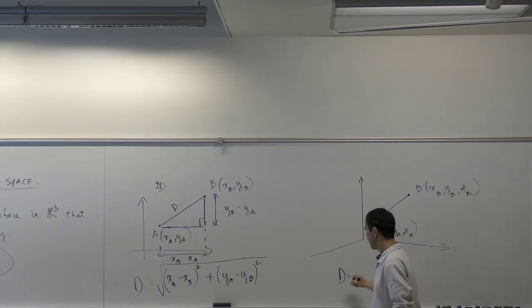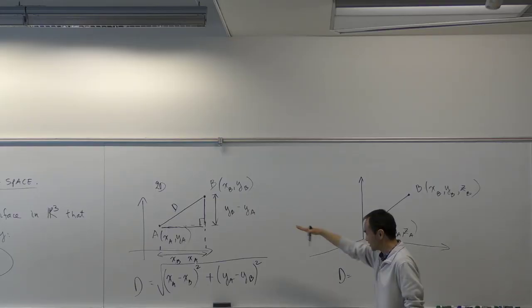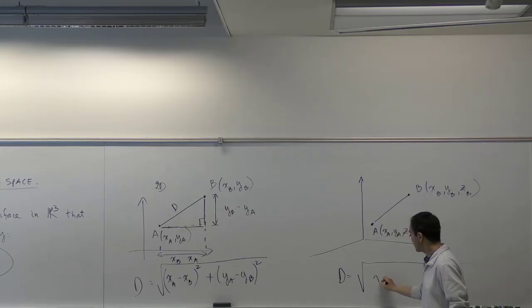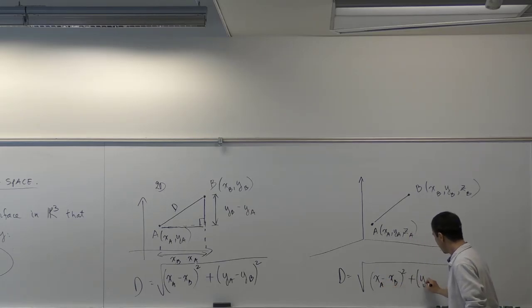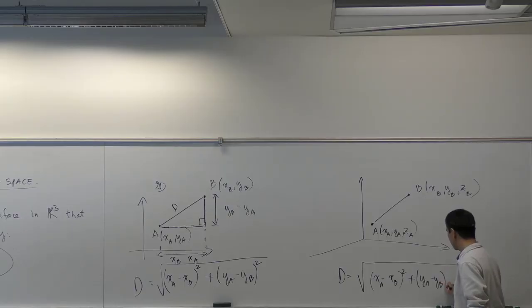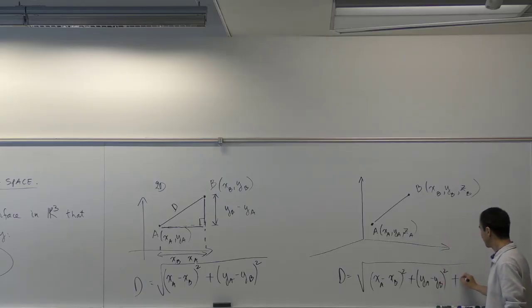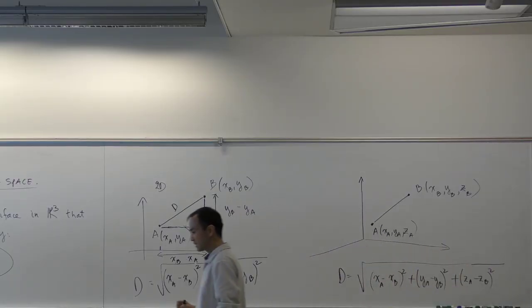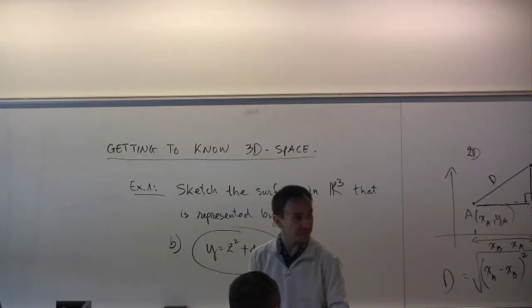I don't want to get into the drawing, because it's the same argument, and it would be a challenge for me up here. So you take the difference in the x coordinates, XA minus XB, square that difference, plus YA minus YB, square the difference, plus ZA minus ZB, square the difference, and take the square root. That's the formula again, to get the length between any two points in three-dimensional space.